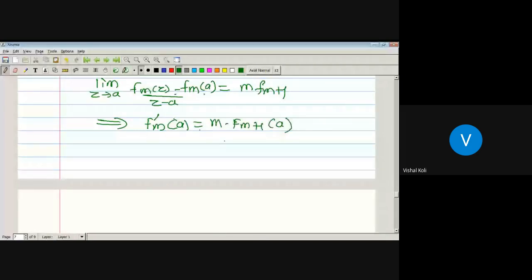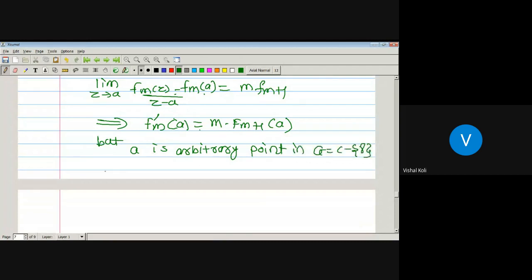But we have chosen a as any arbitrary point in G, that is C minus trace of gamma.